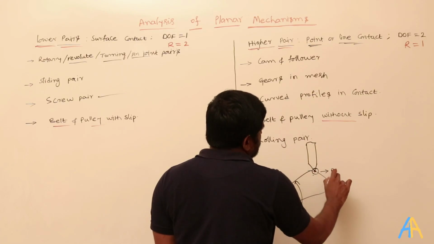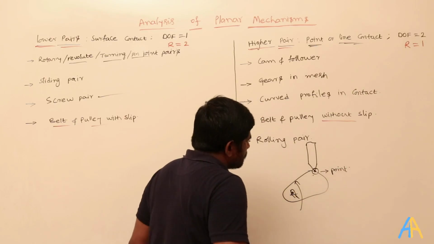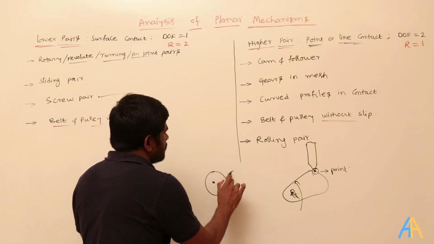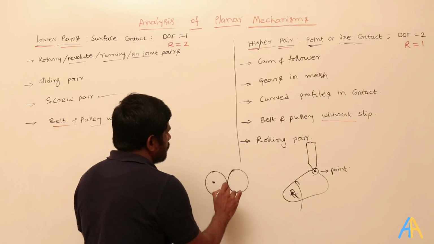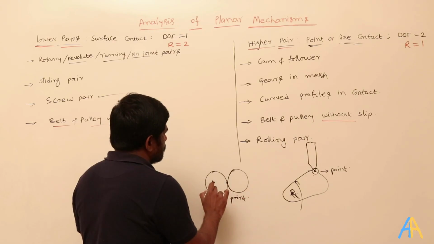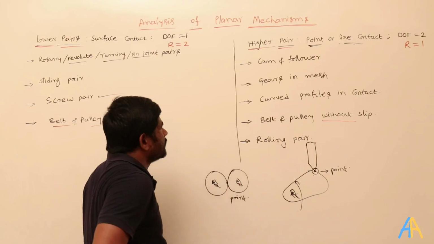This is the point of contact. And then a gear in mesh. For example, this is one gear, and this is another gear. So what is the point of contact? This is the point only. And this also comes under the higher pair.